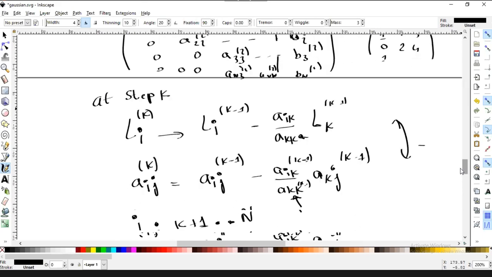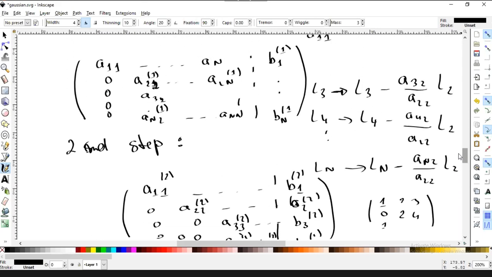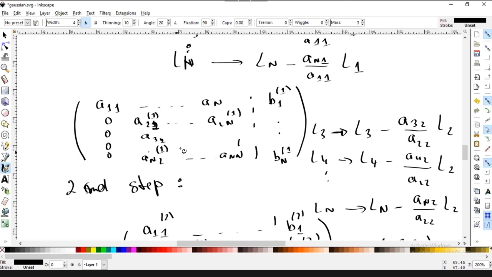For example, one of the strategies that I use, the most simple, is that when I come on the step K, I test the AKK. If AKK equals 0, I switch with the next line. I switch the two lines, so this line becomes that line and that line becomes this line.